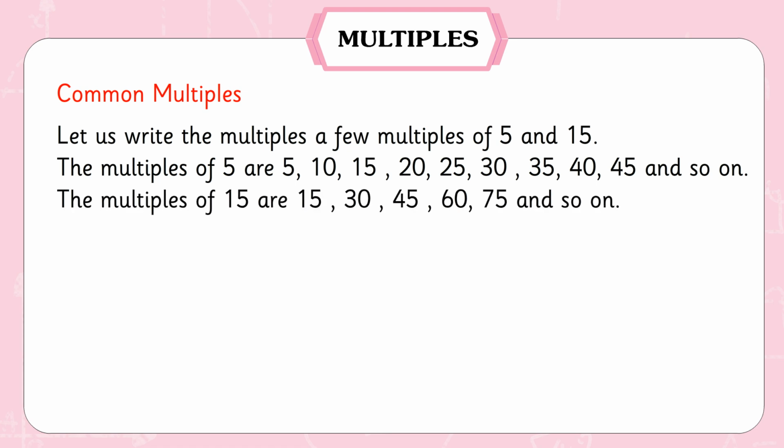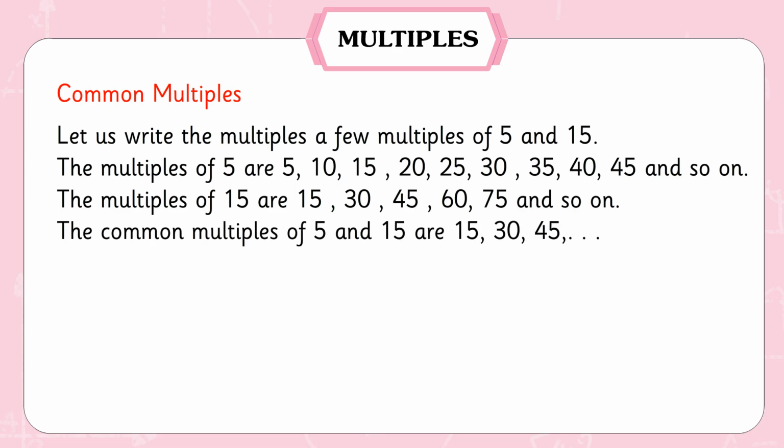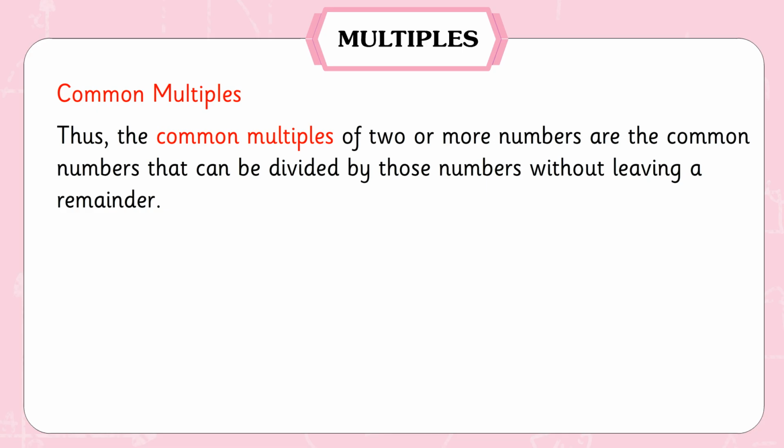The multiples of 15 are 15, 30, 45, 60, 75, and so on. The common multiples of 5 and 15 are 15, 30, 45, and so on. Thus, the common multiples of two or more numbers are the common numbers that can be divided by those numbers without leaving a remainder.